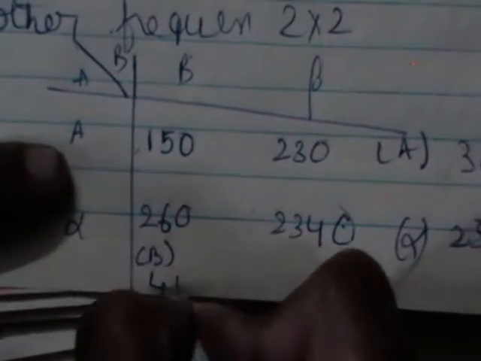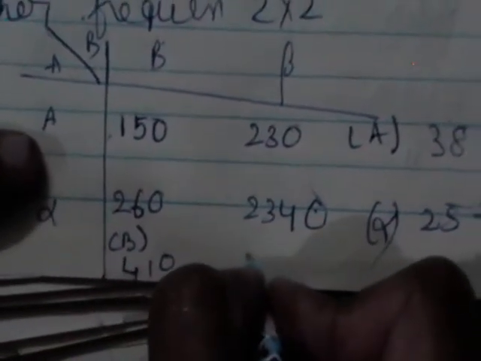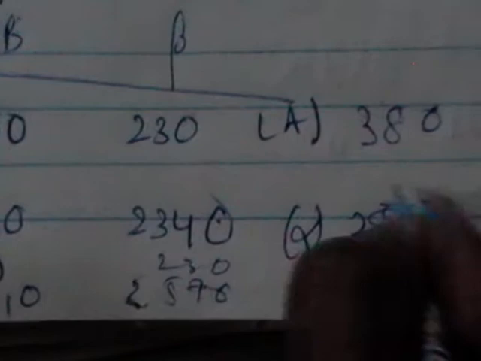By adding these two, you will get bracket B, which is 410. And this is 2570. This is 2600. So you are given the second order frequencies.